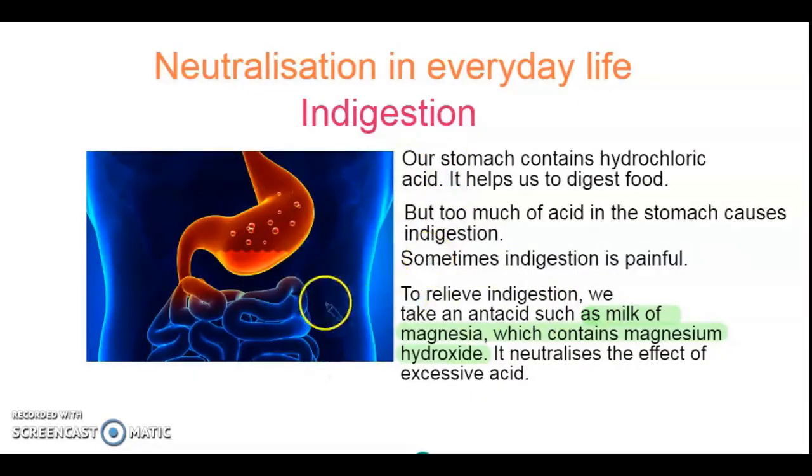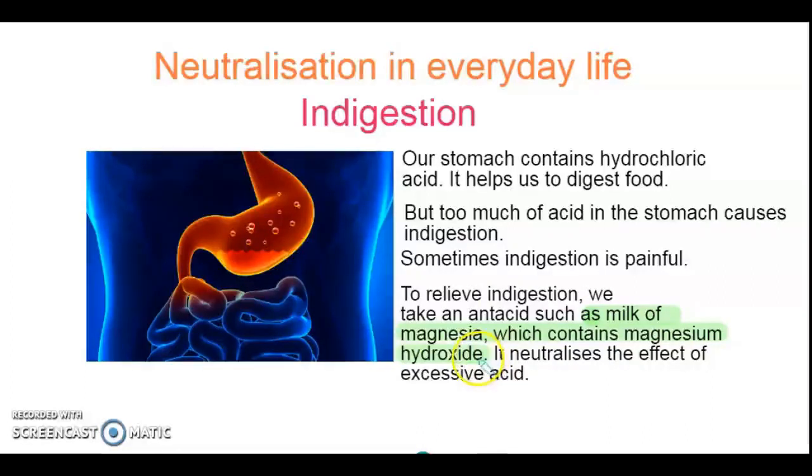In our daily life, as we all know, our stomach contains an acid known as HCl or hydrochloric acid. When there is more hydrochloric acid in your stomach, what happens? There is indigestion, you have acidity, or you have pain in the stomach. During that time, you are given antacids like milk of magnesia or ENO.